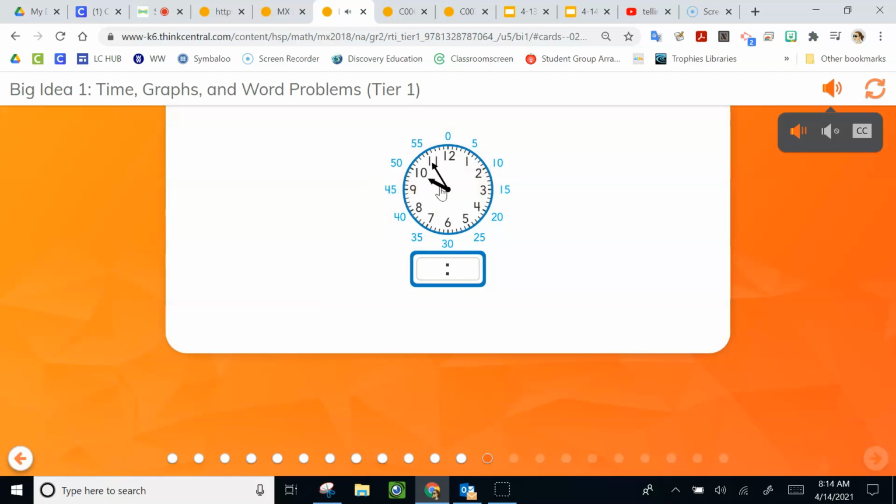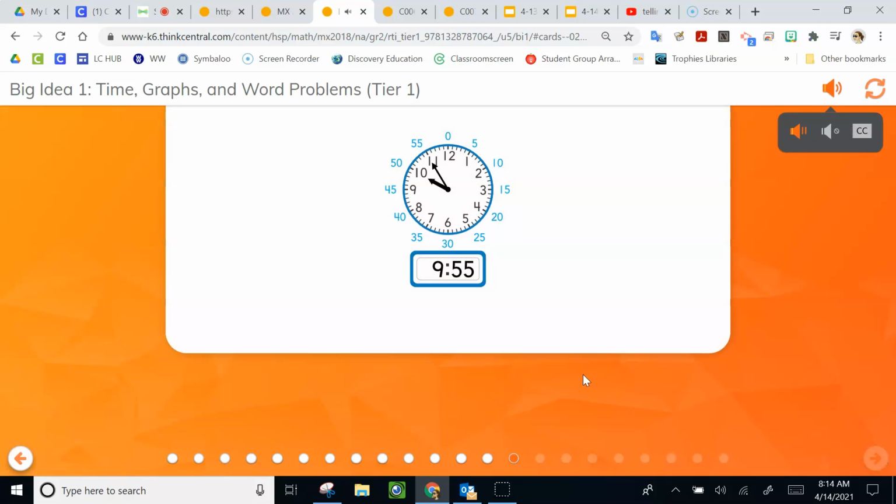What time is it? Tap or click the clock to check your answer. 9:55.